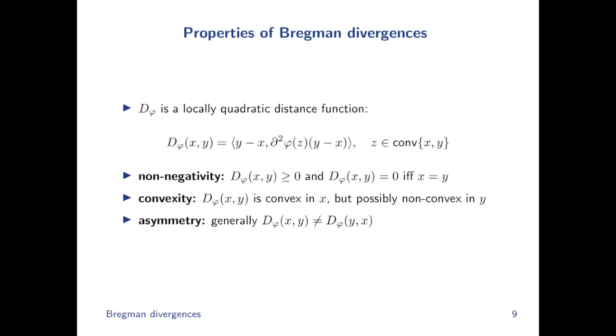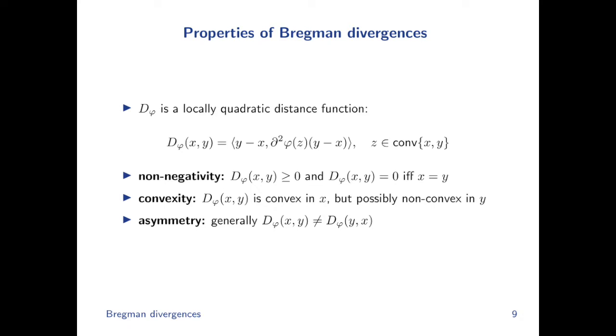Okay, so we've seen all these Bregman divergences, but at the end of the day, the correct way to understand them is that they're in some sense all weighted squared Euclidean distances, or weighted squared Mahalanobis distances. How do you see this? Well, you just take the definition of a Bregman divergence, and then you Taylor expand the difference between the two function values of phi to second order.